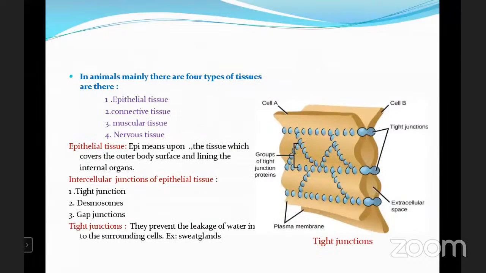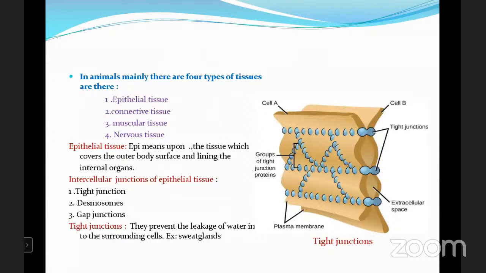In animals, mainly there are 4 types of tissue. The first one is the epithelial tissue, second one is the connective tissue, third one is the muscular tissue, and fourth one is the nervous tissue.